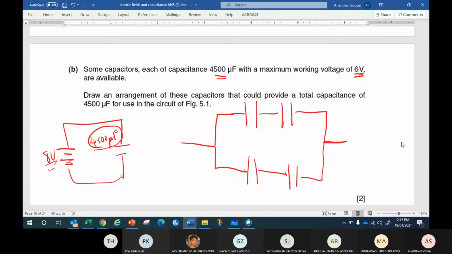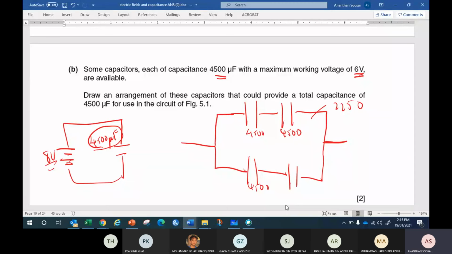I think this works, right? This works. Is it total 4,500? 4,500, 4,500, 4,500. What do you get? Up you get actually 2250. All right.